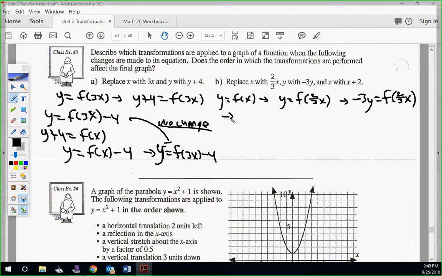Negative 1/3, good. So it's going to be y equals negative 1/3 f of 2/3 x. In the last step, we're going to plug in the x with an x plus 2. So we'll leave that. That's the first way. This is the end game.